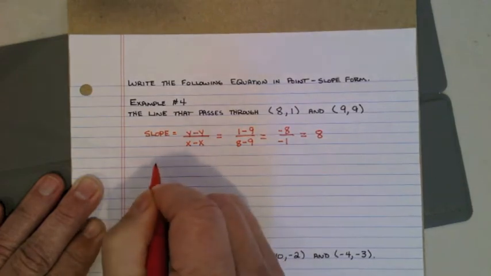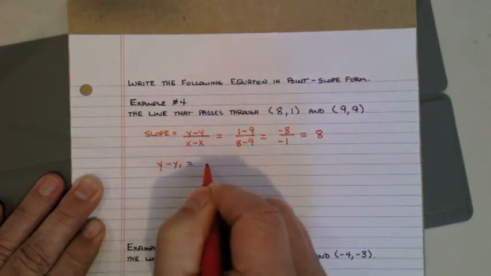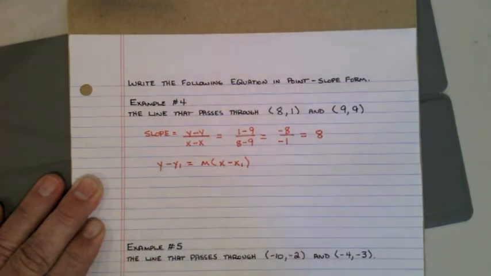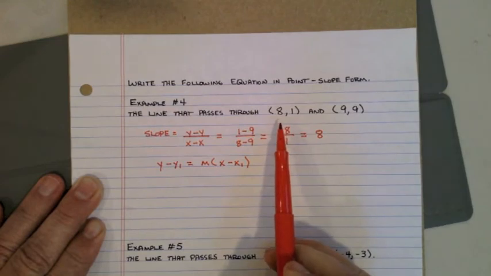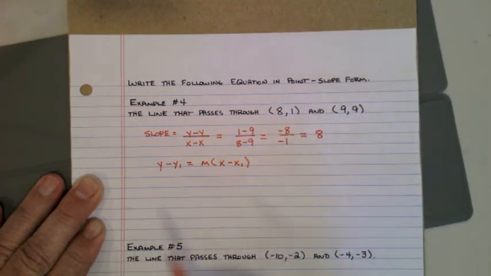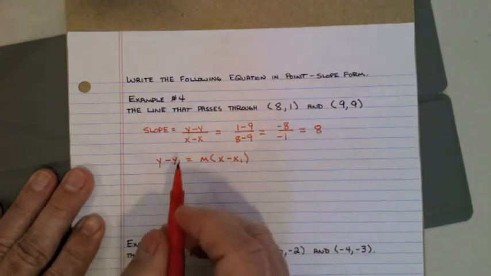Now, my point slope form looks like this. Another thing that confuses students, I'm given 2 points. It doesn't matter which one of these points you use, you'll still get the right answer because you can use either one of them. So I'm just going to use the first one every single time.